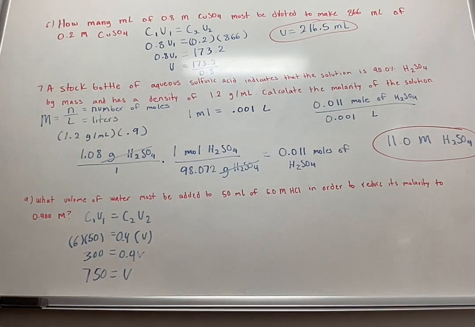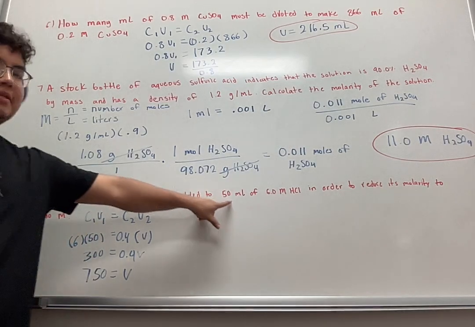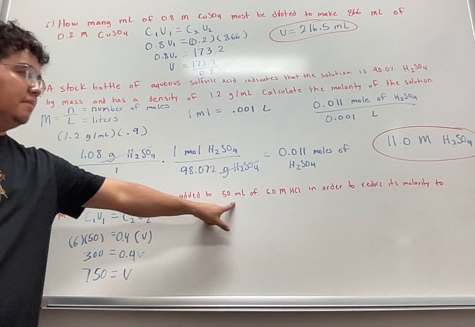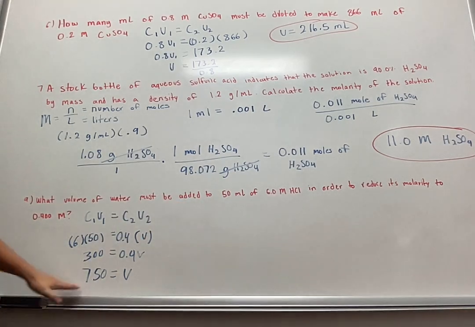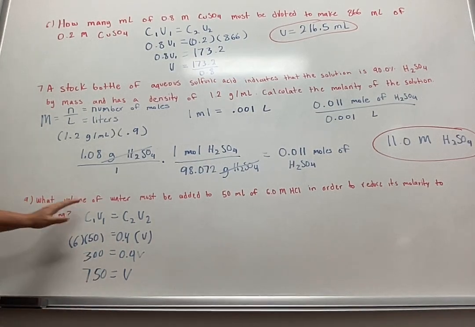Okay, 750 equals the final volume. Now, remember, this is the final volume, or V2, but we've already got 50 milliliters. We already had those 50 milliliters, but they want just the volume of water that must be added.